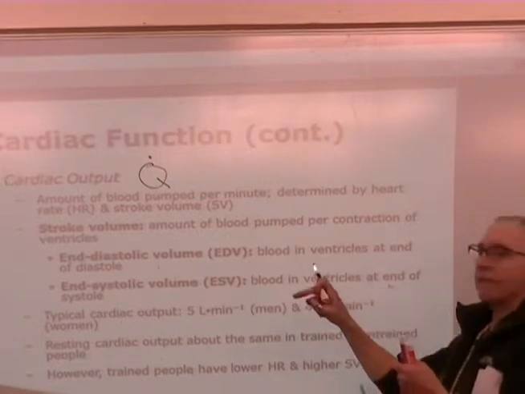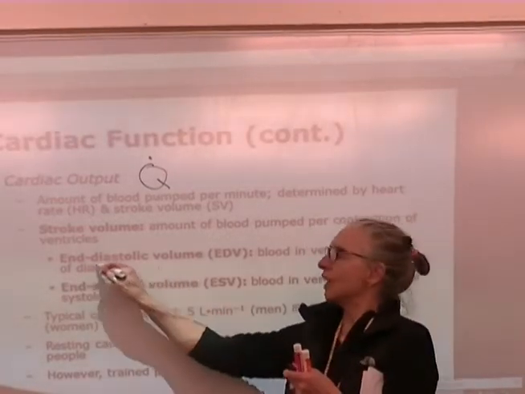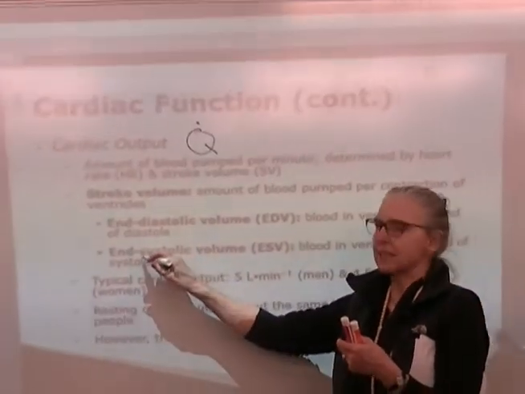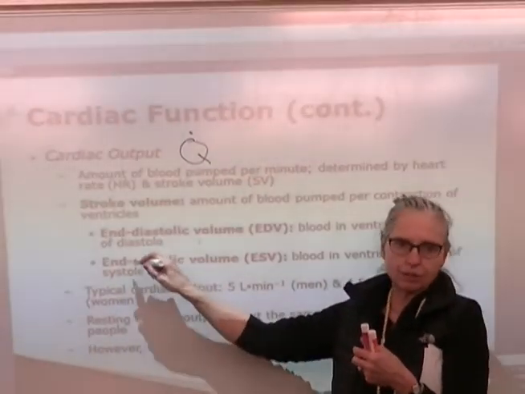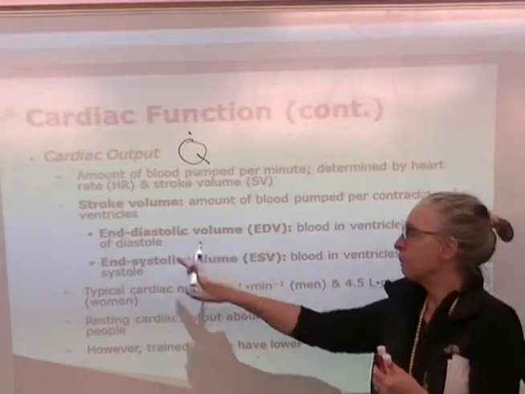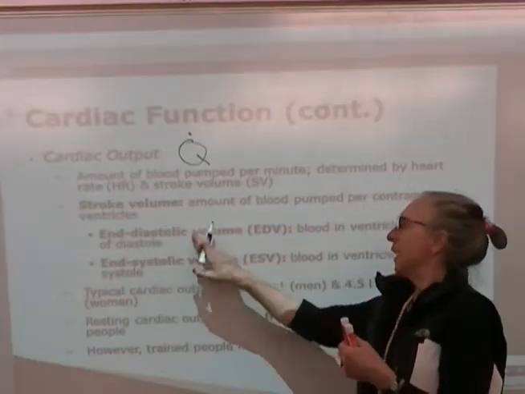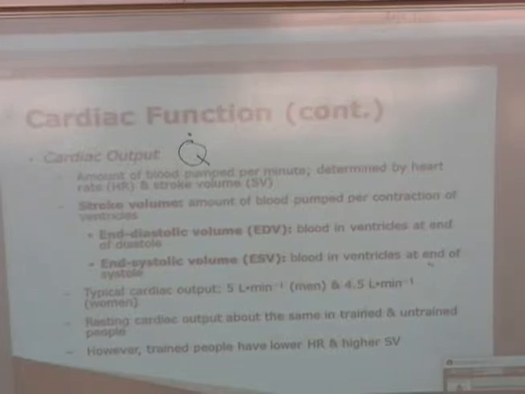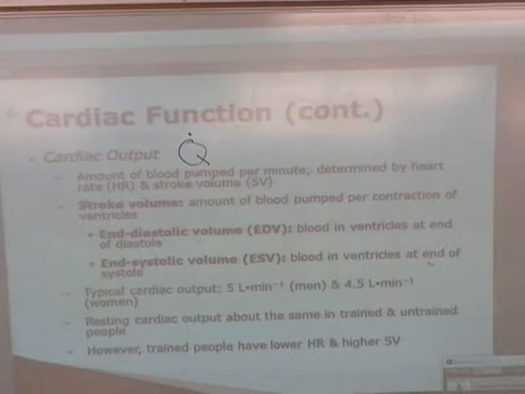Okay? Remember that diastole is relaxation. Systolic is contraction, all right? So, the end diastolic volume, all that means is how much blood is there in the heart at the end of relaxation.